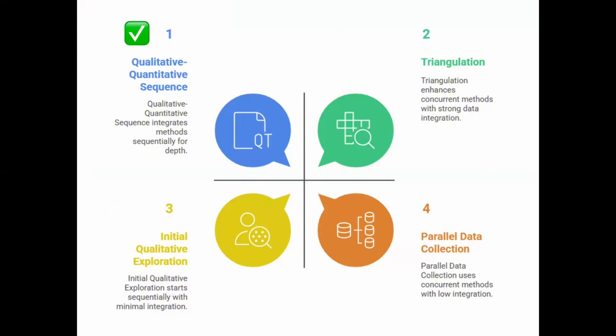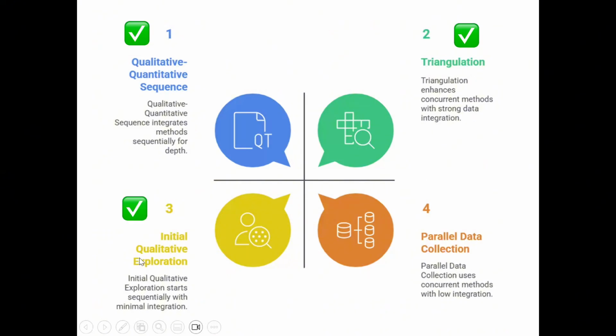Qualitative, quantitative. When you are doing research, this is sequential. You do qualitative before you do quantitative, I explained that before, or you do quantitative before qualitative. Then you have the triangulation approach. This is concurrent. With strong data, you use the two at the same time.